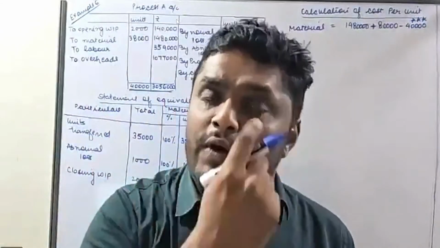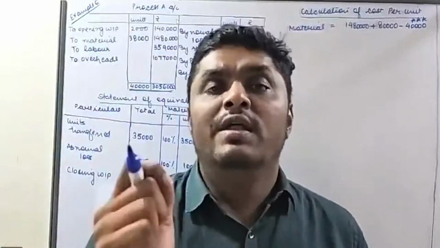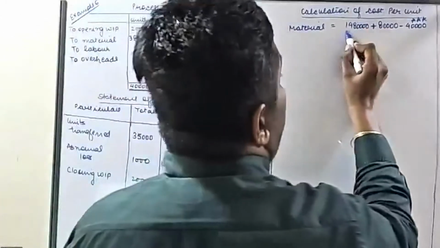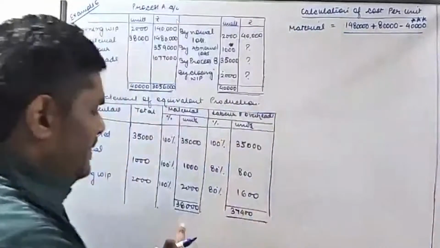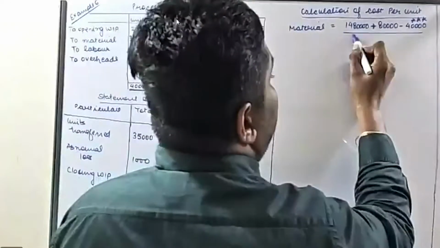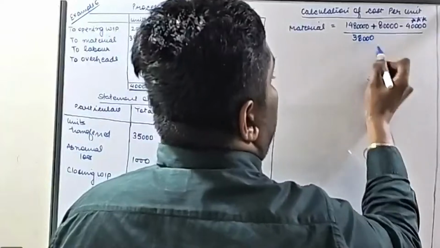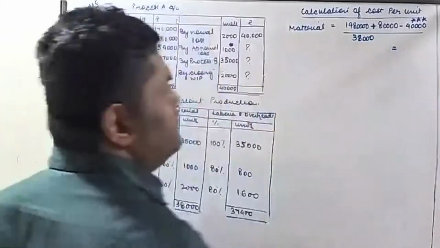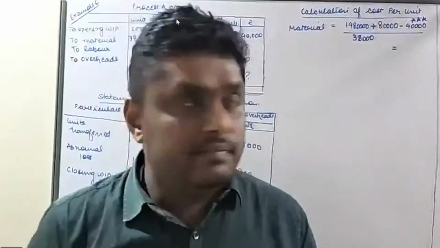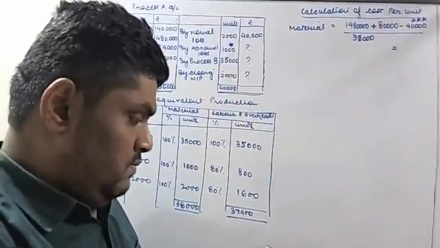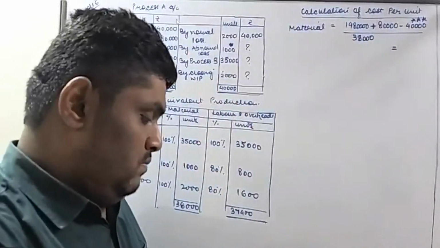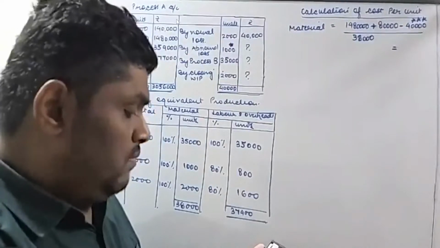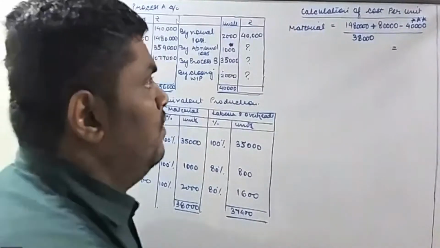Most of the students forget to deduct the scrap value that is realized on normal loss. So deduct this 40,000, whole divided by my equivalent number of units, that is 38,000. So we'll get the cost per unit as 40 rupees.